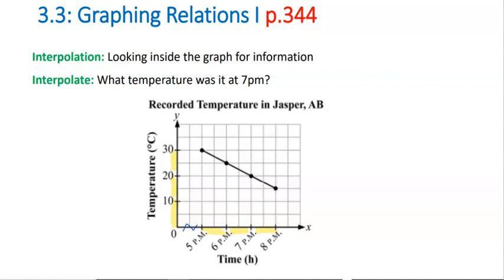So when they ask you a question like, what temperature was it at 7 p.m., interpolating means you find 7 p.m. here, and you go upwards with your eye, you find the plotted point, and you look over on the y-axis, and you see that the temperature was 20 degrees. That's called interpolating or reading the graph.